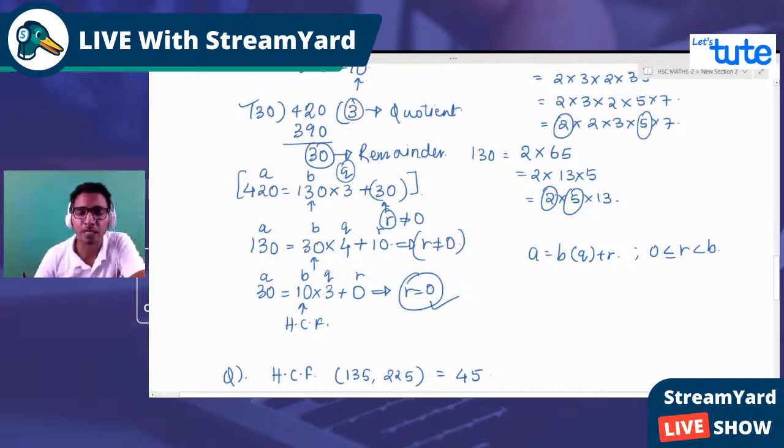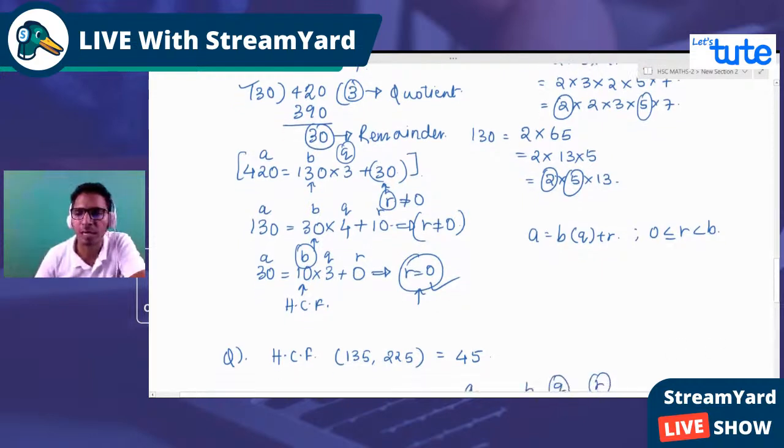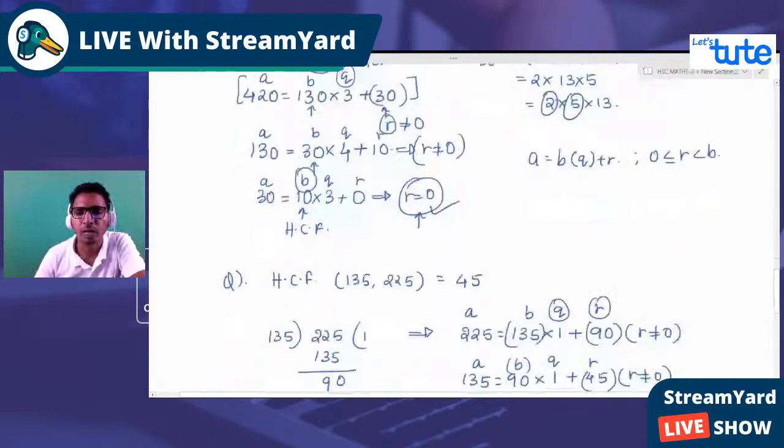Once we get remainder 0, B from that step is taken as the HCF. We have seen some examples and questions, and we are done with this today.